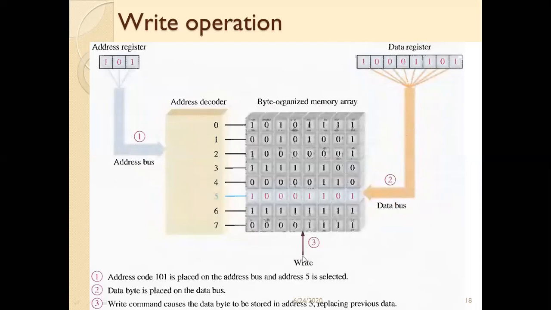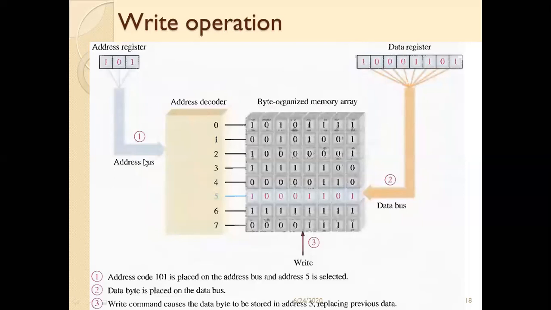You will select the write line and it will tell the memory that I will do the write operation, meaning the data which is on the bus will be put on the specific memory location which is selected with the help of the address lines. Now let me specify things. For example, if here I give the address 101, this is binary.